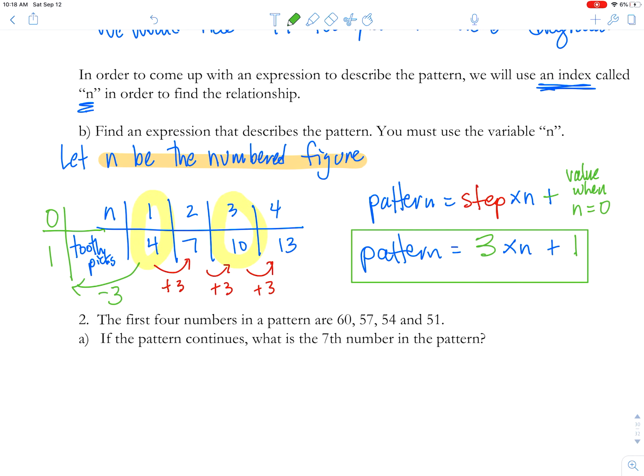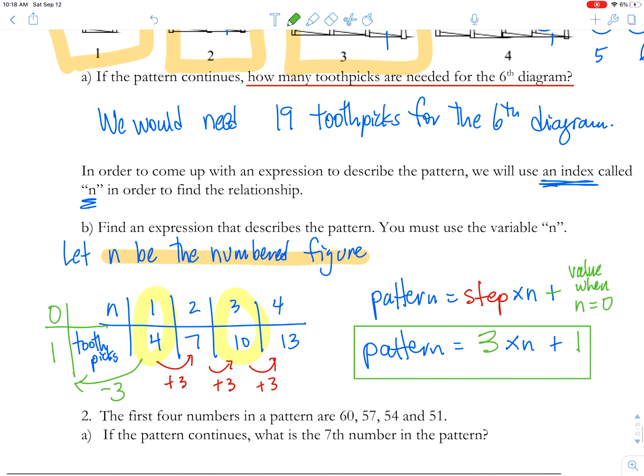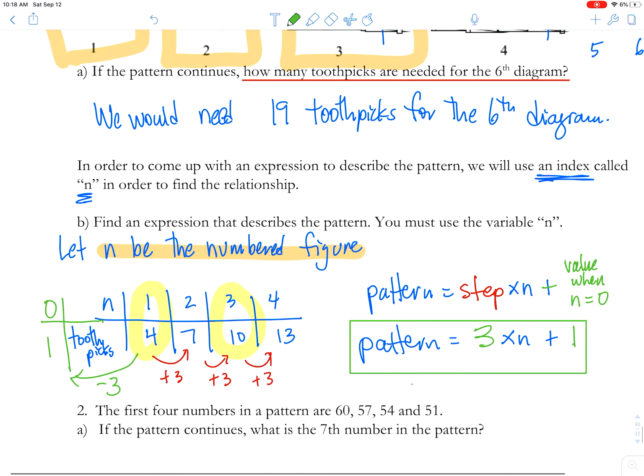So if I wanted to find out how many toothpicks I would need on the 100th diagram, I would let n equal 100, and so my pattern would equal 3 times 100 plus 1, which would be 301 toothpicks. So it's going to be useful that way.